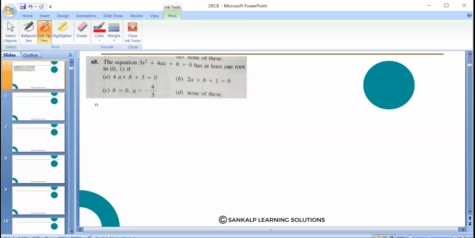So the function we are going to take here is x cube plus 2ax square plus bx in the interval 0 to 1. So that f dash x will be 3x square plus 4ax plus b.